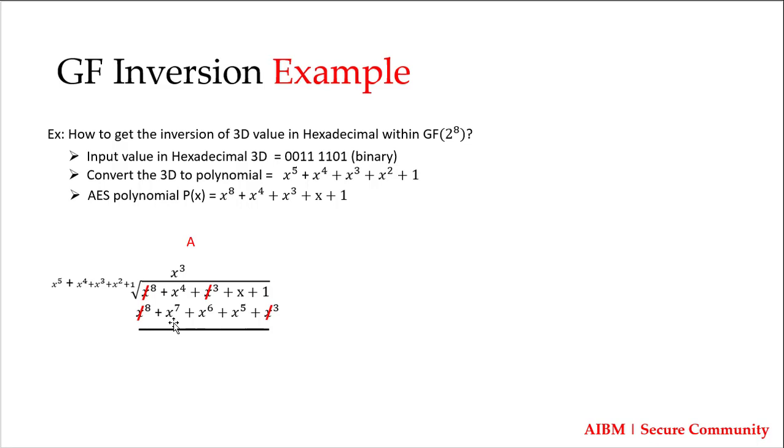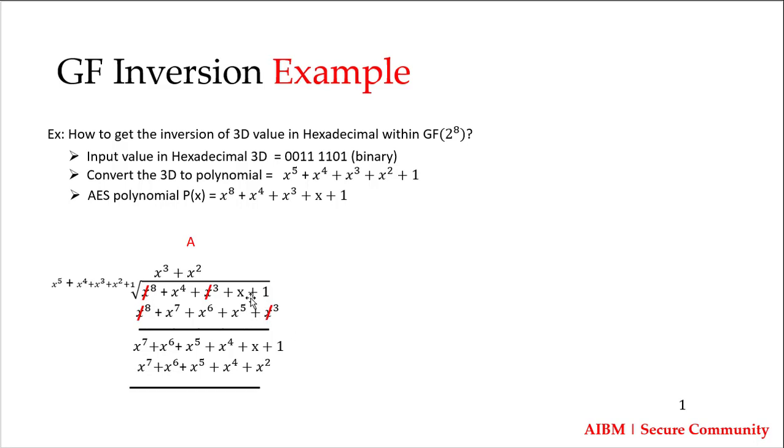And then we have to delete x^8 with x^8, x^3 with x^3, and the result will be x^7 + x^6 + x^5 + x^4 + x + 1.